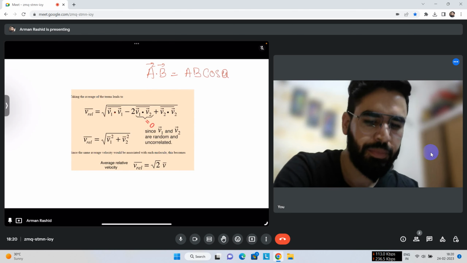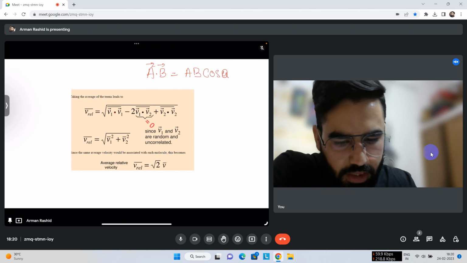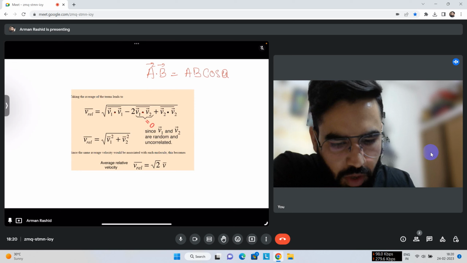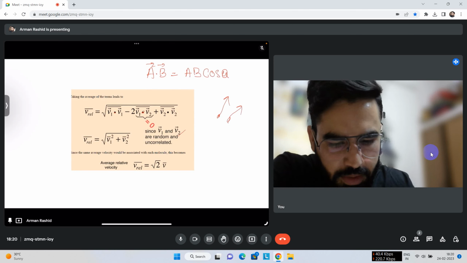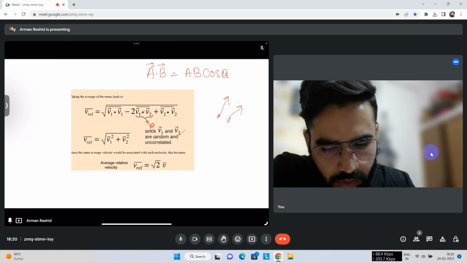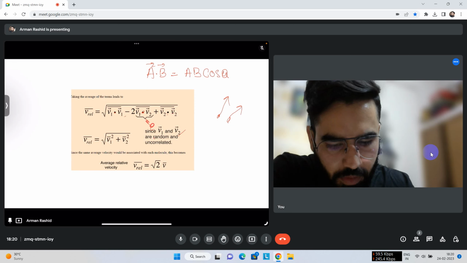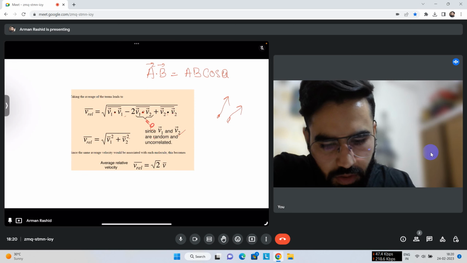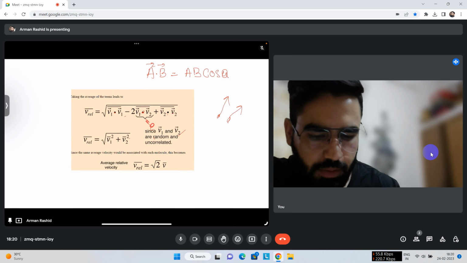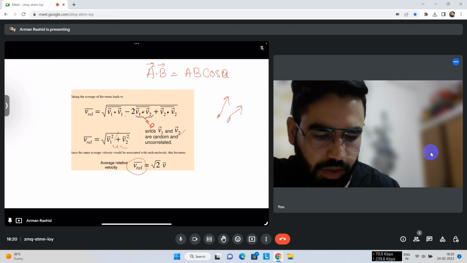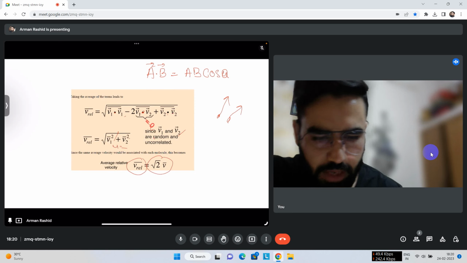Since v1 and v2 are random, any gas molecule can move in any direction and they are not correlated to each other. As a result, the cross dot product of v1 and v2 will be 0, but we will have v1 dot v1 and v2 dot v2, which is v squared. Now using this equation, if in a particular gas we consider that v1 is equivalent to v2, we can determine that v relative is equal to the square root of 2 times v, using the equation.